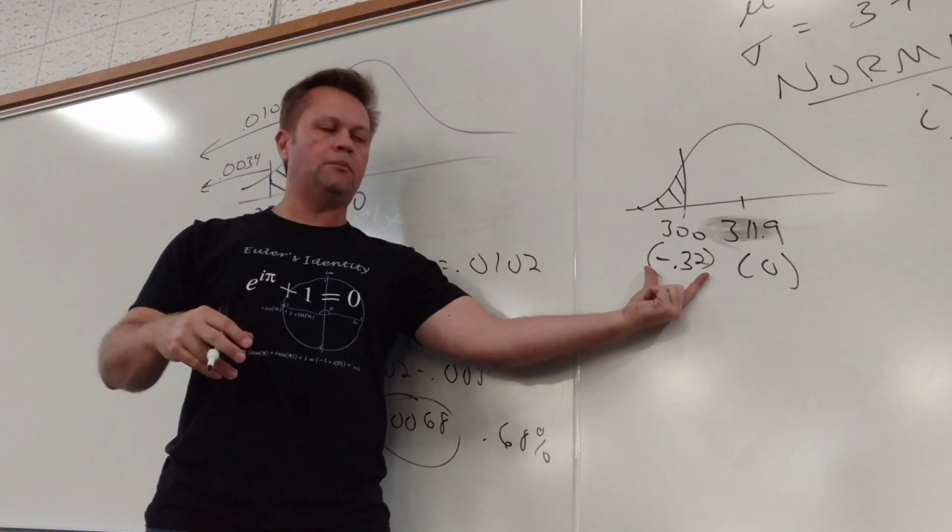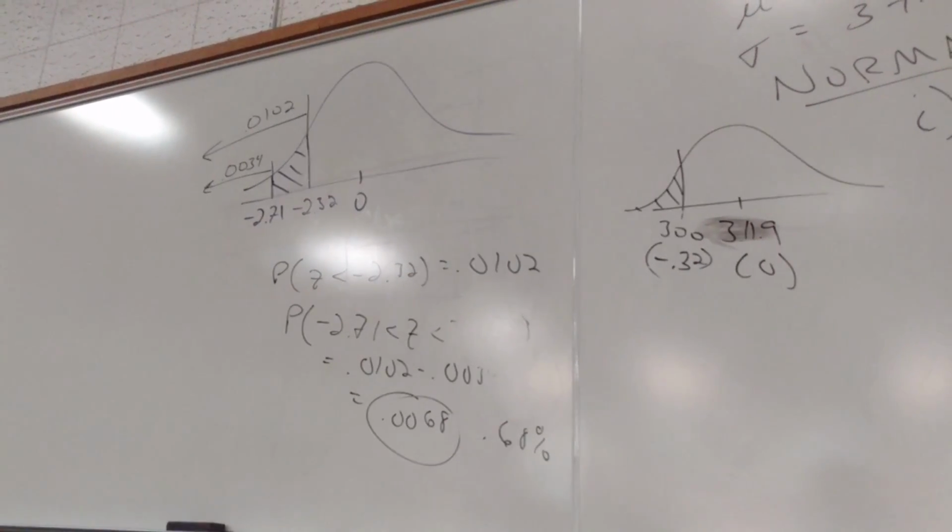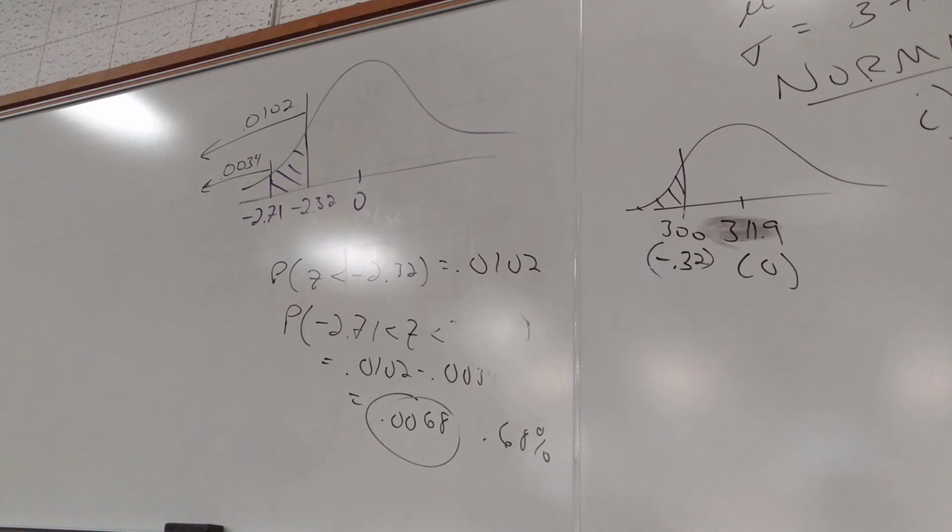So what do you get when you look up negative 0.32? 0.3745. One easy mistake to make is look at negative 3.2. No. It's negative 0.32. Is everybody cool with that? 0.3745.